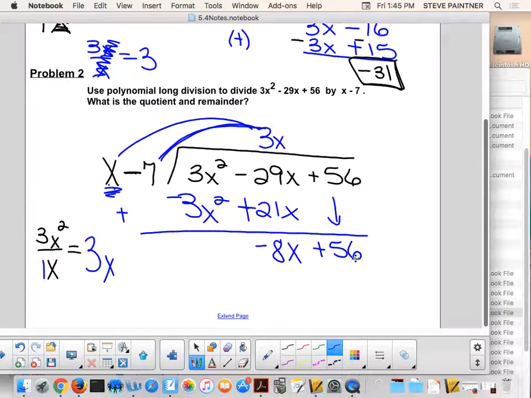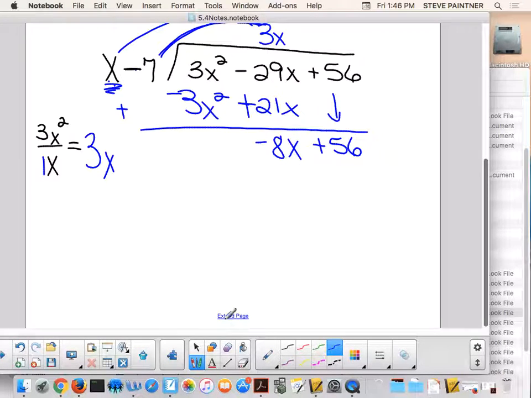And start the process over. How many times will x go into negative 8x? Well, I think you can see that these x's are going to disappear. Negative 8. Okay. 3x minus 8 on top.